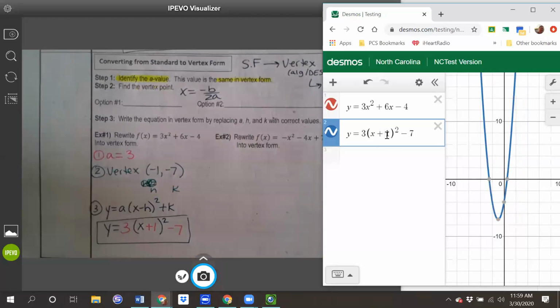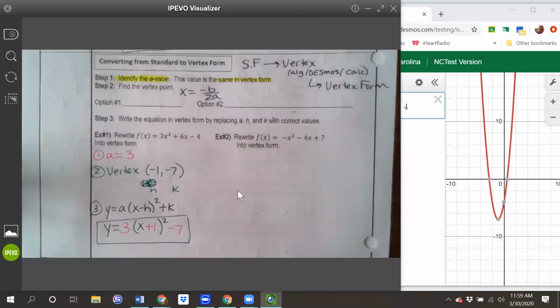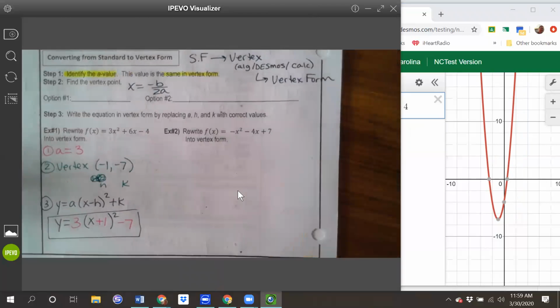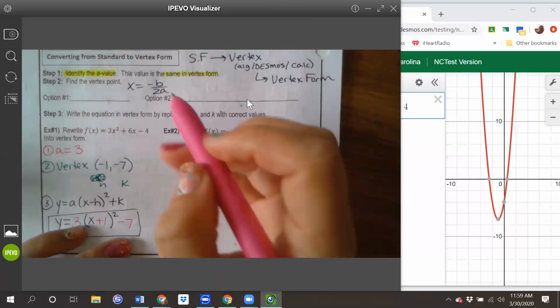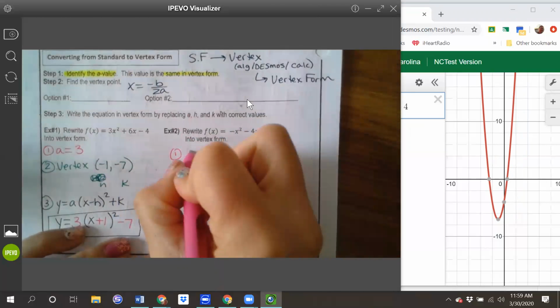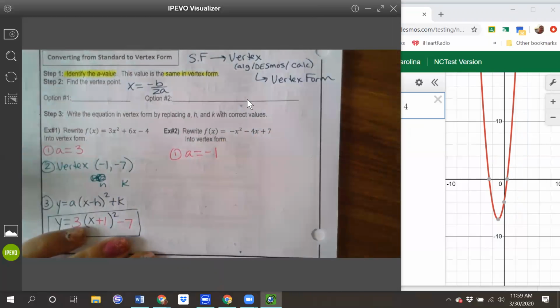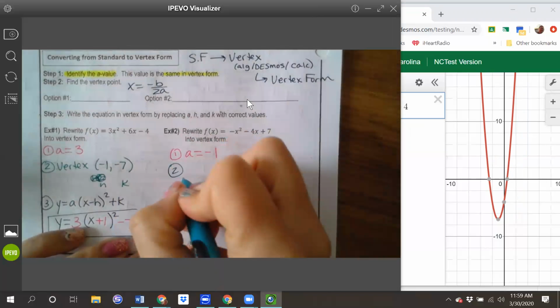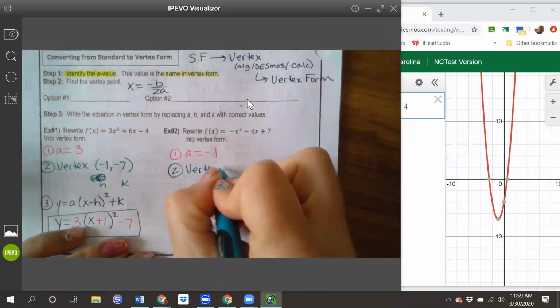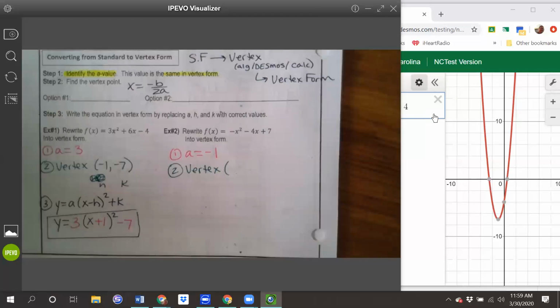All right, last one. So step number 1, write down a because it never changes. A is -1. Step number 2, I am going to find the vertex.